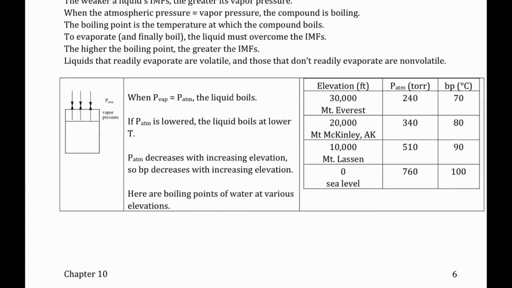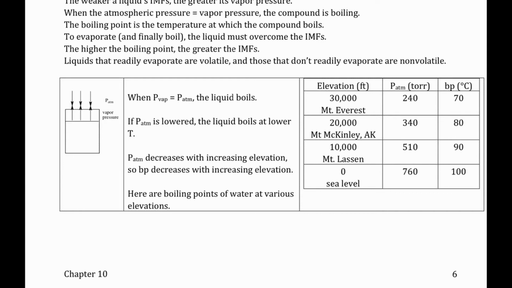If we climb up to the top of Mount Lassen, where it's about 10,000 feet elevation, the atmospheric pressure is about 710 torr. Water would boil there at 90 degrees, and it won't get hotter. So we might have to cook our pasta, if we were that ambitious to be cooking pasta up on the top of Mount Lassen, for longer.